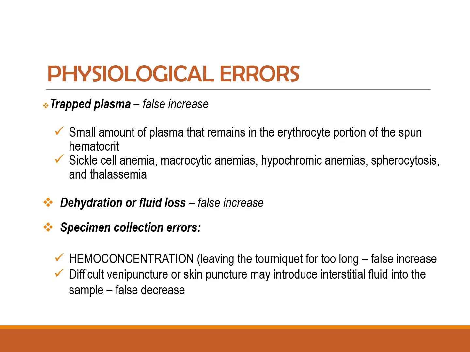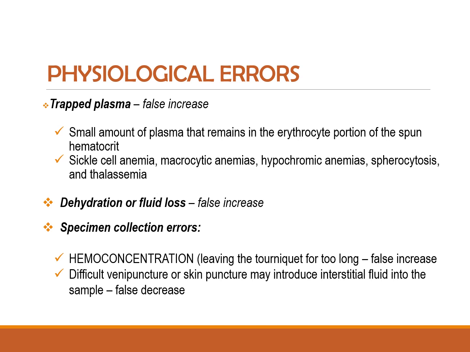The following are the physiological errors related to hematocrit. First, we have trapped plasma, which is the small amount of plasma that remains in the erythrocyte portion of the spun hematocrit. Many disorders such as sickle cell anemia, macrocytic anemias, hypochromic anemias, spherocytosis, and thalassemia may cause plasma to be trapped in the erythrocyte layer even if the procedure is correctly done.